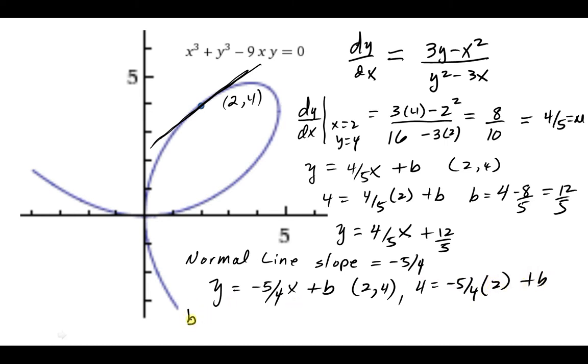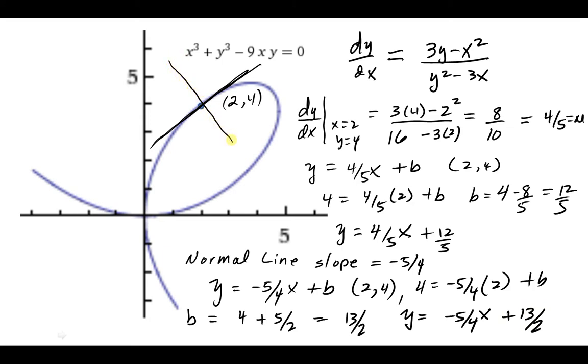Solving for b, b is equal to 4 plus 5/2, which is equal to 13/2. So now the equation of the normal line is y equals minus 5/4 x plus 13/2. And so the normal line would be perpendicular to the tangent line and would look something like that.